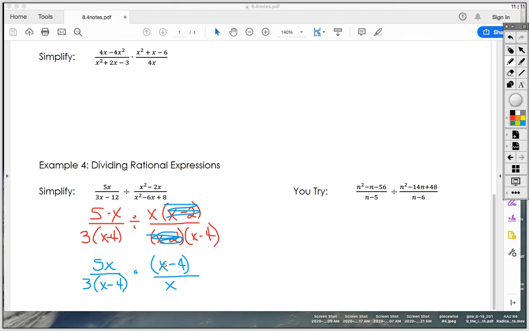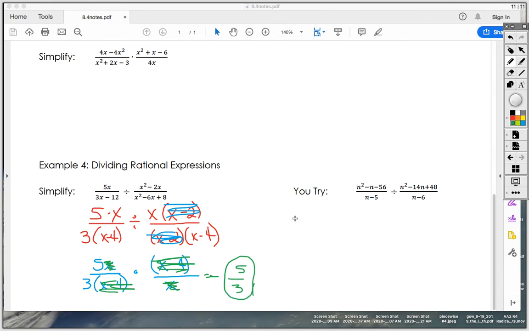There's nothing at the top or the bottom. This way, diagonally, I have an x here and an x here. I have an x minus 4 here. I have an x minus 4 here. Our final answer is 5 over 3. Hard to believe that this expression would end up simplifying to 5/3, but it does.